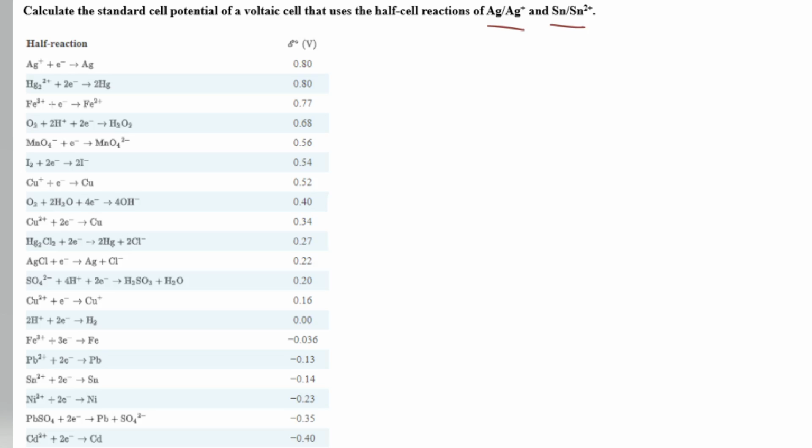This first guy is our silver, right? And then down here is our tin. So what I'm going to do first is just write them out, bring them out of the table, so we can look at them a little bit clearer. So we have our silver plus an electron goes to your solid, and it has its own cell potential of 0.8 volts.